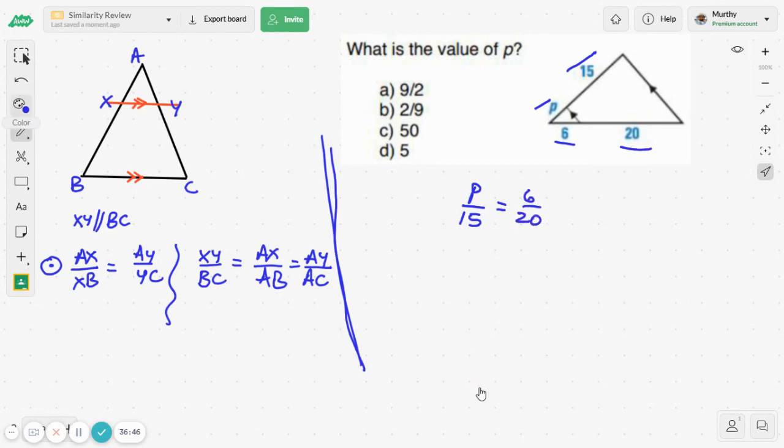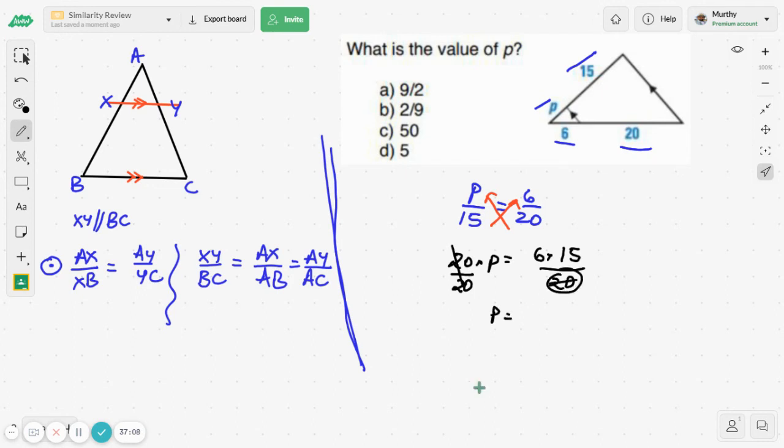Now at this point, we go for cross multiplication. So that gives me 20 times P equals 6 times 15. You know how to isolate P. So just let me divide by 20.